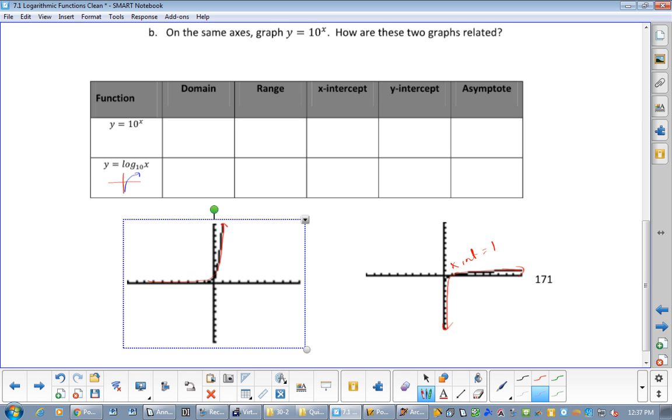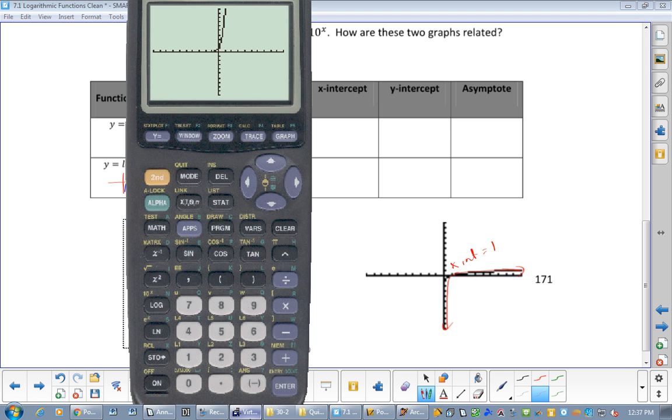Now, because it's a widescreen calculator, the x's are a bit more spread out than the y's. So it may not look like it, but I'm actually going to put log x on this graph as well, so you can see them at the same time.